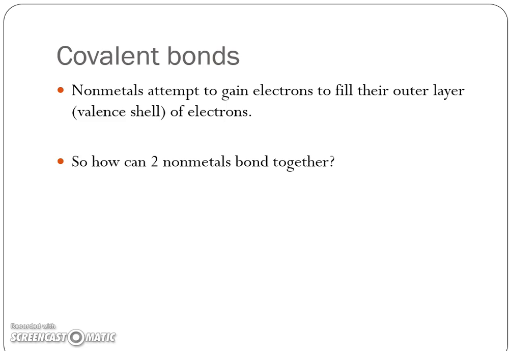Example: let's look at bromine and bromine. If I draw valence electrons, 1, 2, 3, 4, 5, 6, 7, and I draw valence electrons here, 1, 2, 3, 4, 5, 6, 7.